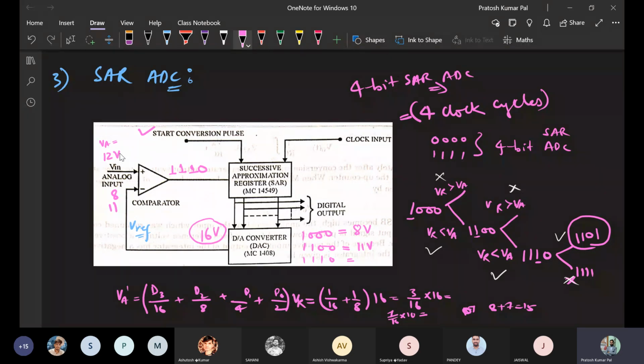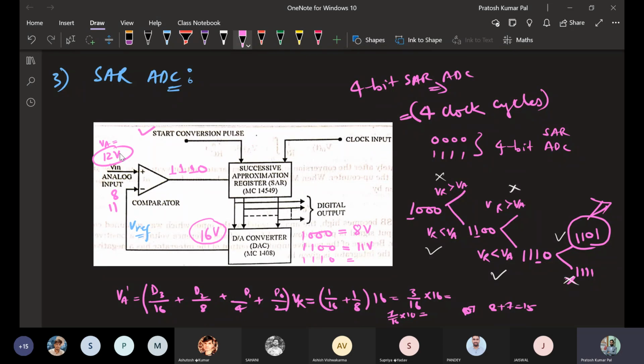So here after 4 clocks, this will be the output: 1101. So this will be the digital value, the last value. After the 4th clock cycle, whatever value is there is the only value. So this value will be considered as the end of operation signal.